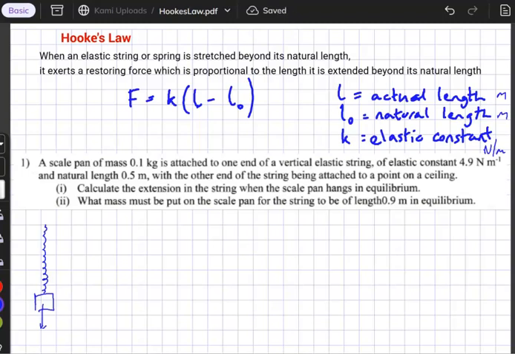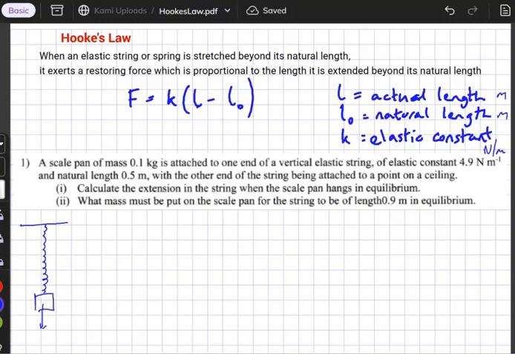Generally speaking, the string is shown looking more like a spring, a bit of a squiggly, spirally sort of line, rather than a straight line. It just shows that it's elastic, not inelastic. An inelastic string would be a straight line. An elastic string or a spring would be shown looking a bit like a spring.